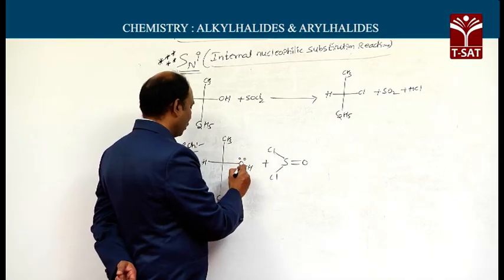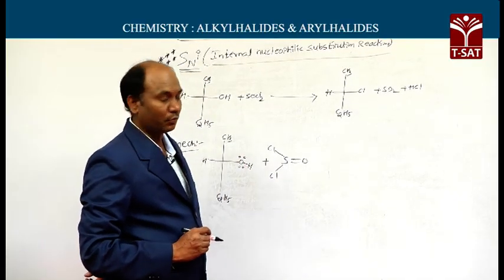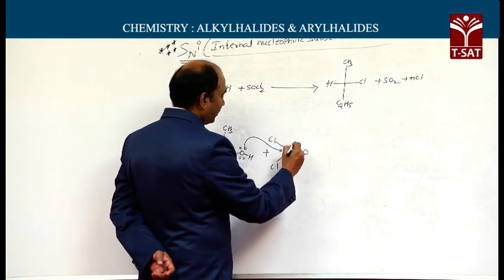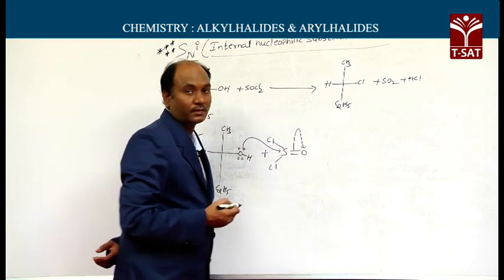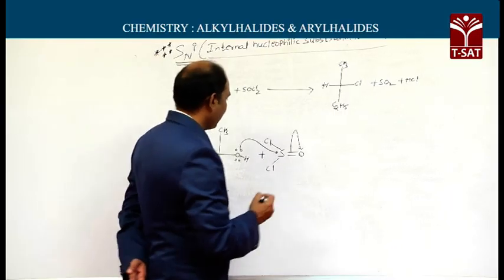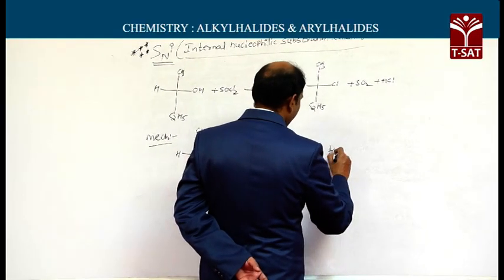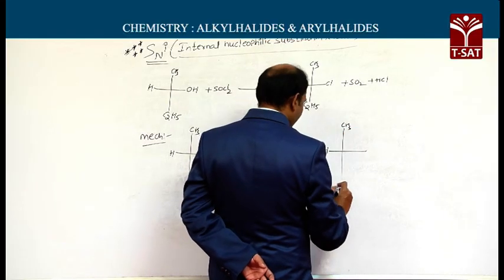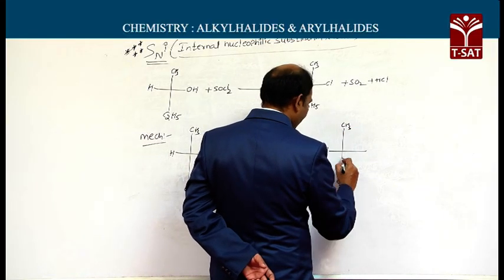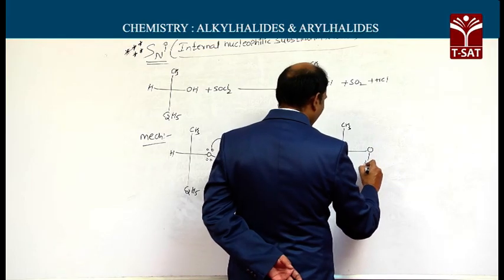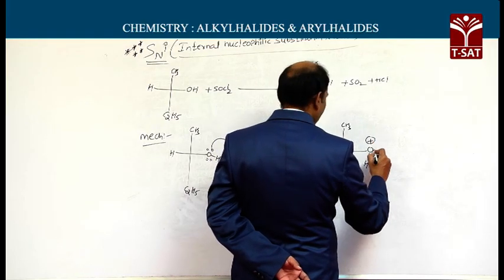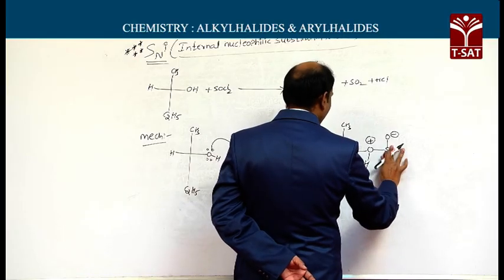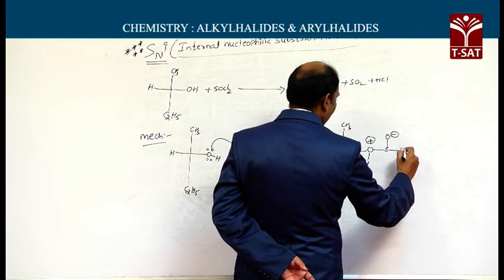Oxygen has a lone pair, and nucleophilic addition takes place. The pi electrons migrate towards oxygen, so we get the intermediate with O minus, and Cl, Cl.